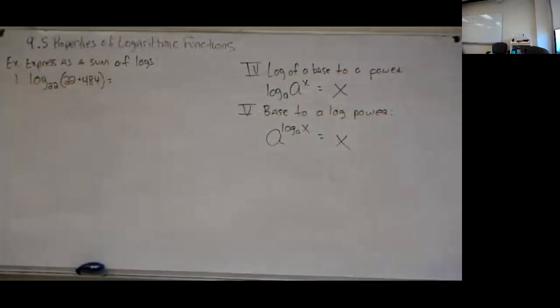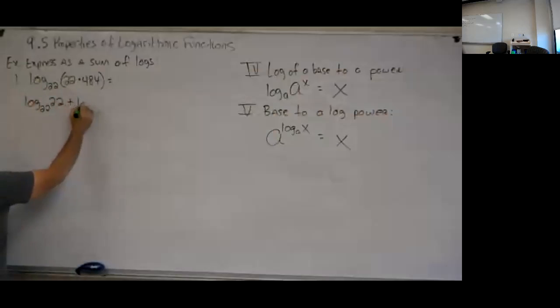Now this one, they didn't say simplify all the way down. They just wanted me to rewrite it as a sum. So this goes back to the first property I put up there. I'm going to distribute the log base 22 to both of those. So I'll get log base 22 of 22 plus log base 22 of 484. It's not too bad. You just got to get used to when they're being multiplied, you write them as an addition, okay?